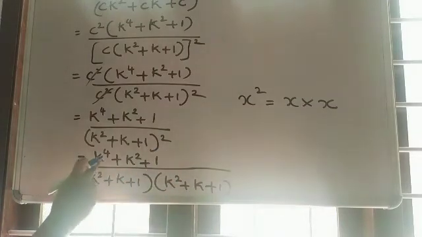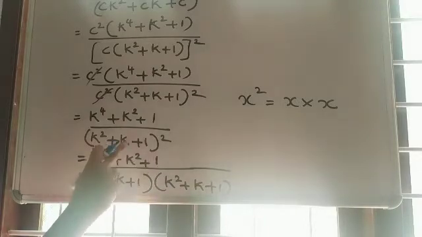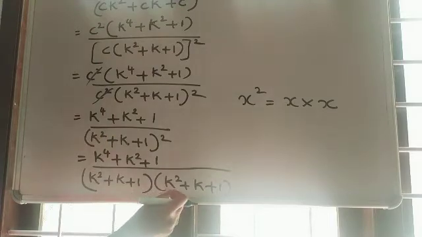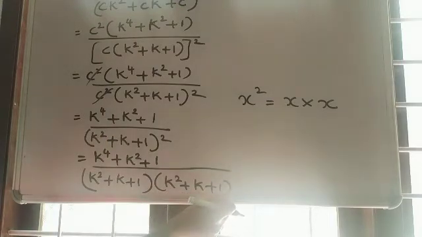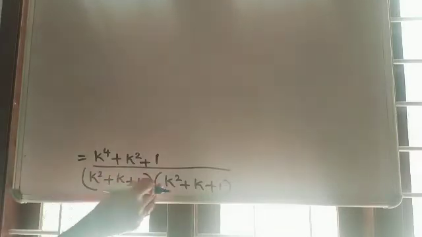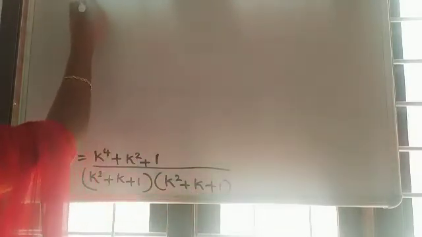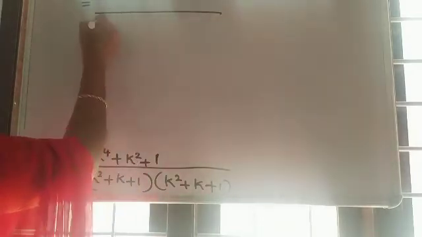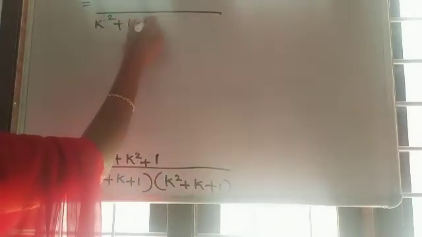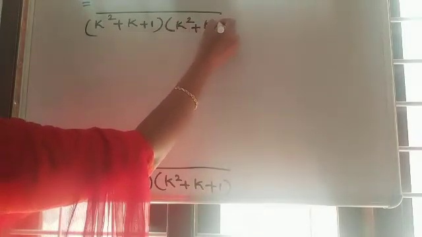So, K raised to 4 plus K square plus 1, we can change in the form of K square plus K plus 1. So, listen properly, the numerator we are changing. So, how can we change that? Depending upon this denominator, we are changing the numerator. So, the denominator is K raised to 2 plus K plus 1 into K raised to 2 plus K plus 1.